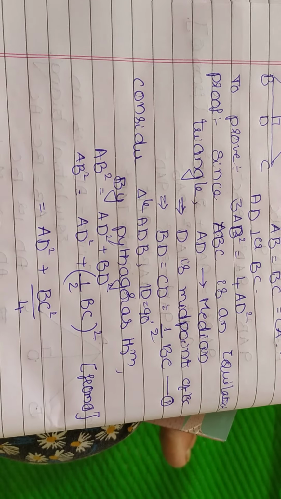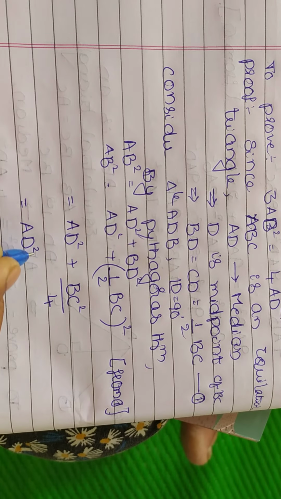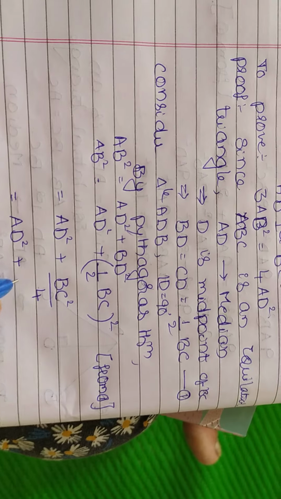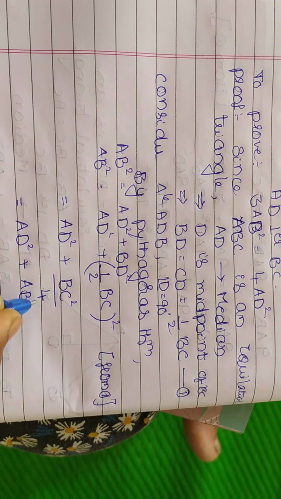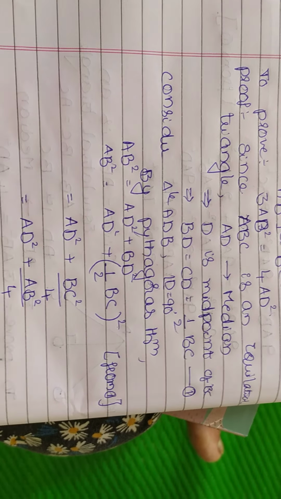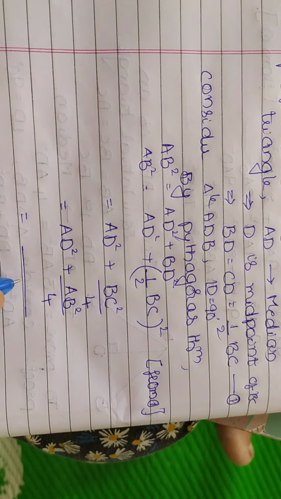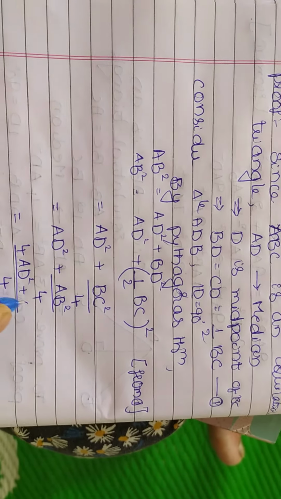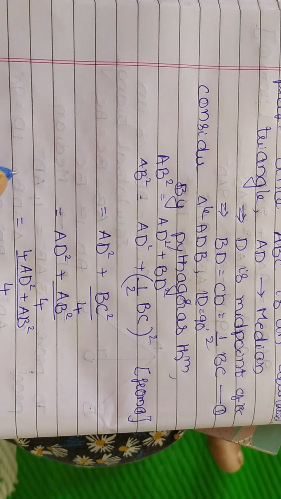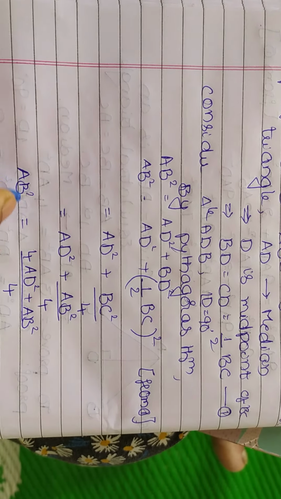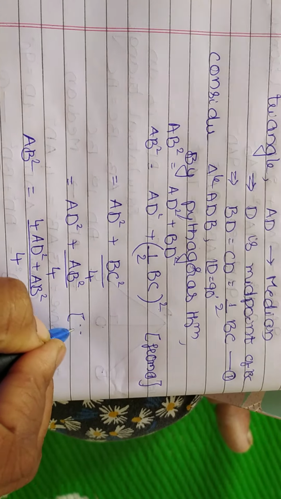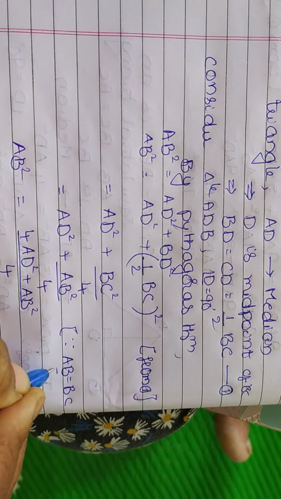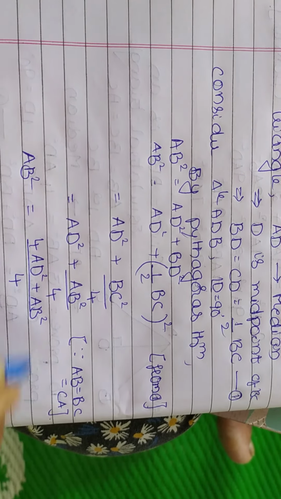Now, because it is an equilateral triangle, all the sides will be equal. So instead of BC, I can write AB square by 4. Now take the LCM. LCM is 4. So 4 AD square plus AB square equals AB square. This is because AB, BC and CA, all 3 sides are equal.